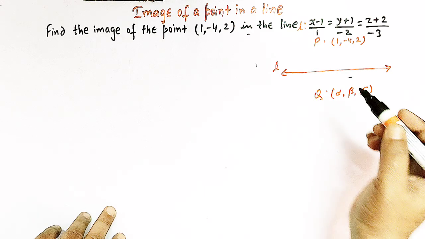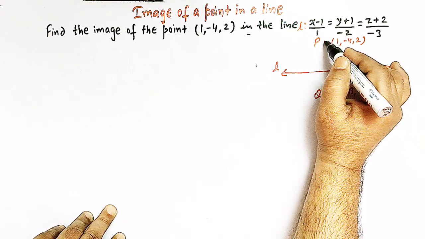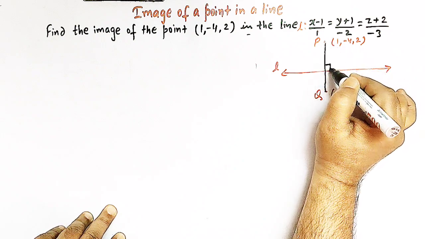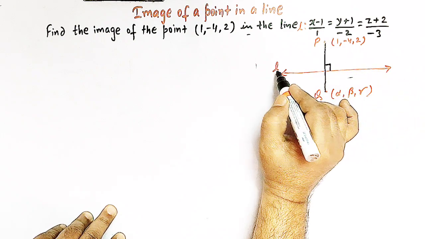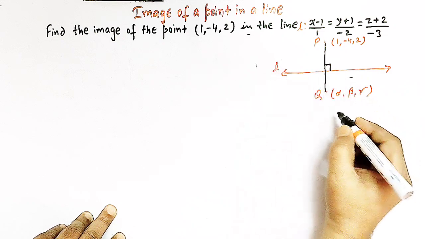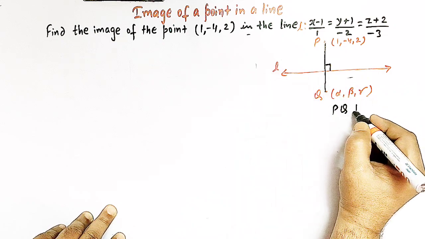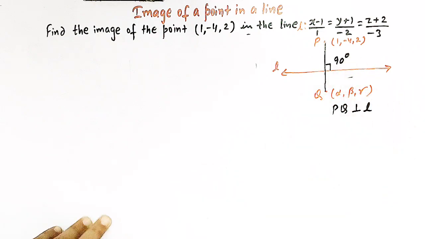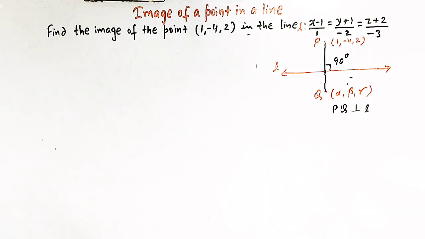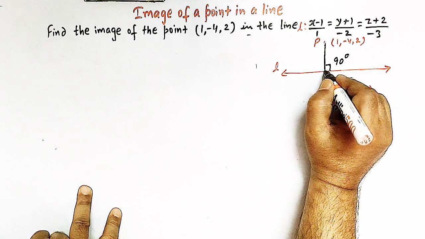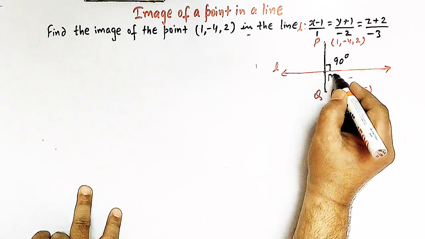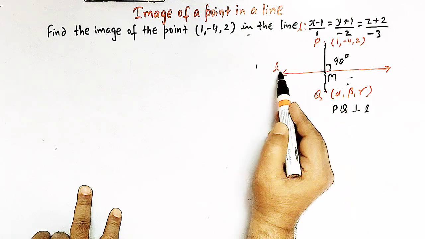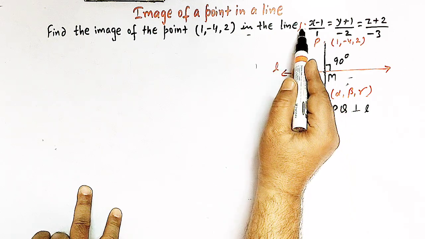So now if we join these 2 points like this, then this line is perpendicular to the given line L. So PQ is perpendicular to L. So here we have 90 degrees, right? So now let us call this point M, which is the point of intersection of this line PQ and this line L, right?